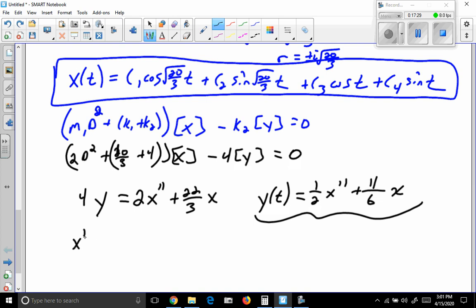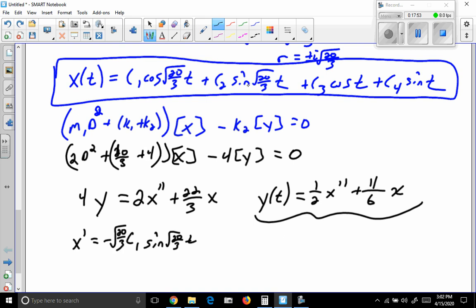So if we look at x here, x prime would be the first derivative of that. The derivative of cosine is minus sine. But we have to use the chain rule, so we have our C1 out front, and we have to take the derivative of the inside. The derivative of the inside is the square root of 20 over 3.